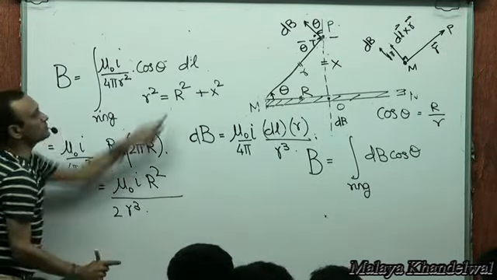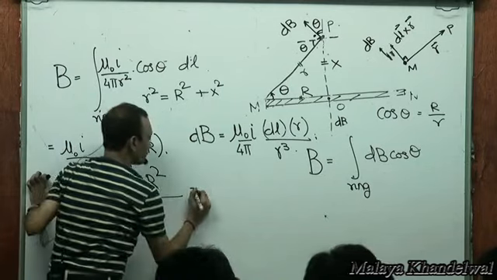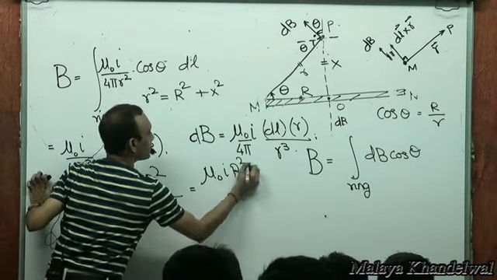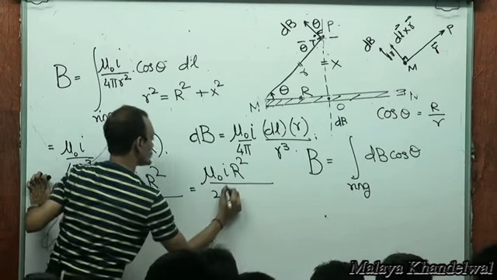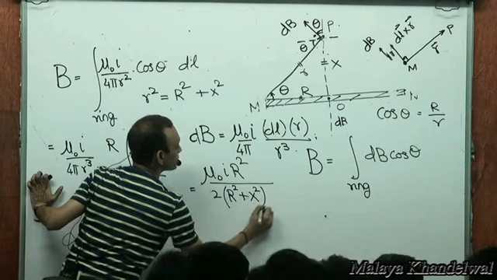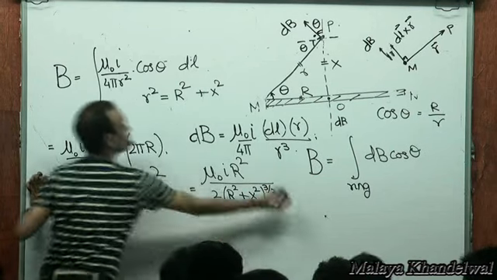So plugging in small r from this will give you mu naught I R squared by 2 into R squared plus x squared to power 3 by 2.